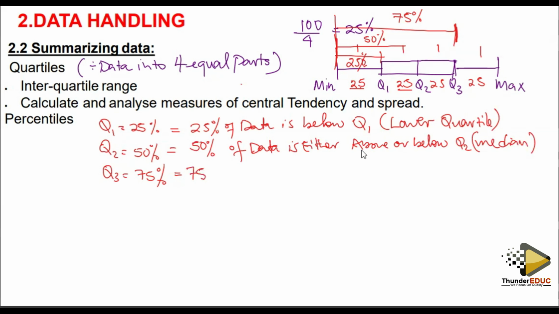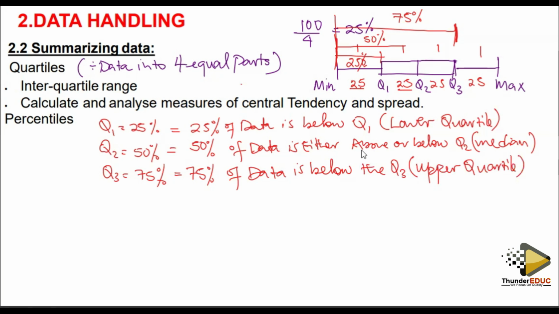whereas 75% of the data is below the Q3 value. Q3 is known as the upper quartile. Then, what you need to know, how do we get the interquartile range?